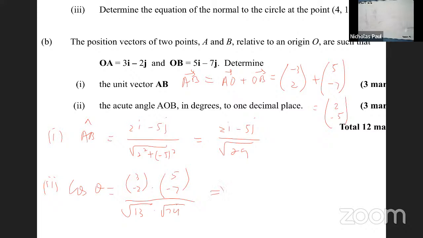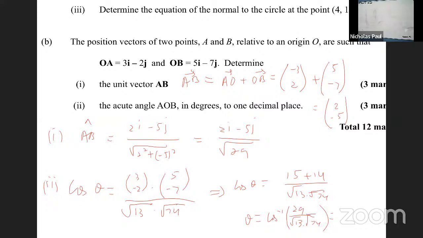Therefore, cosine theta is equal to 15 plus 14 all over the square root of 13 by the square root of 74. So that's cosine inverse of 29 over root 13 root 74.